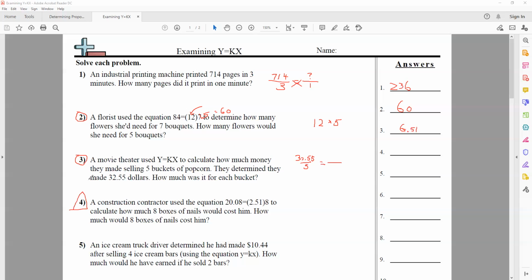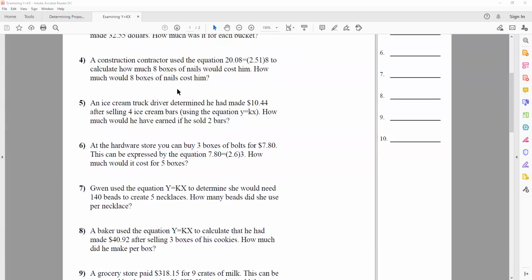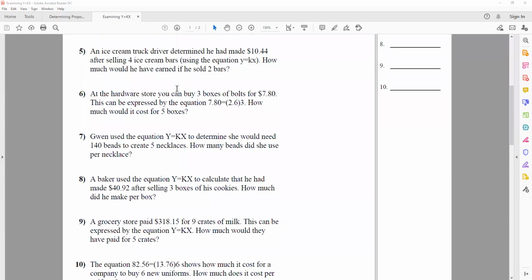Well, this one just gives out the answer. What's the answer here? 20.08. Because they asked the same thing, right? 8 boxes. Yep, good. Okay, let's do number 5. They don't give you the same answer, or they're not asking the same thing.